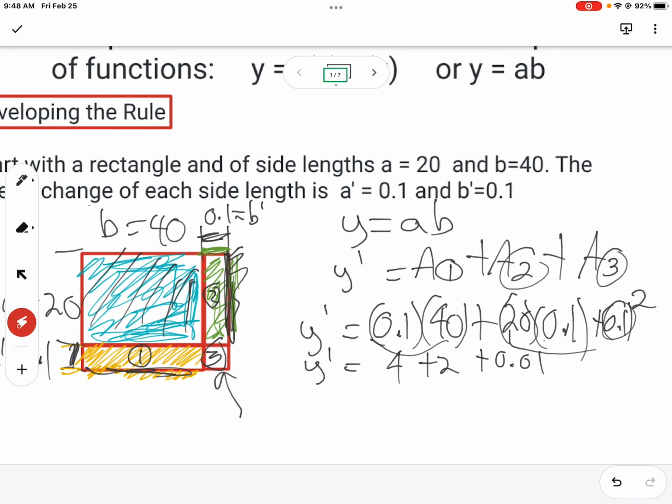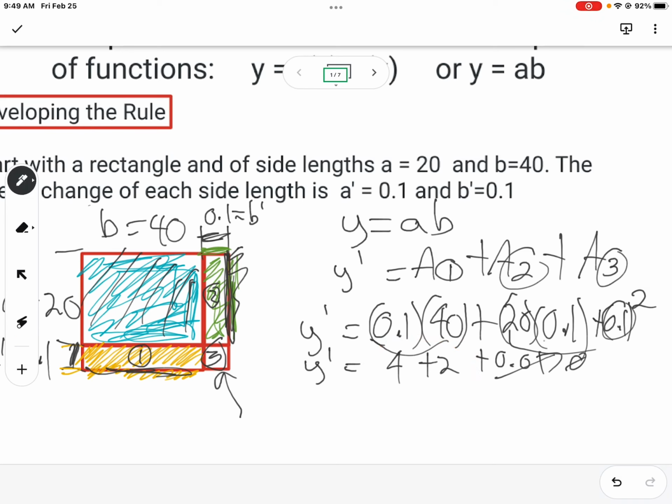In fact, if we made it infinitely small, this would go to 0 every time. Of course, these numbers would be much smaller, but because we're multiplying by a 40 and a 20, it actually does have some quantity to it. Okay, so that would change. So really we just have the 4 plus the 2.